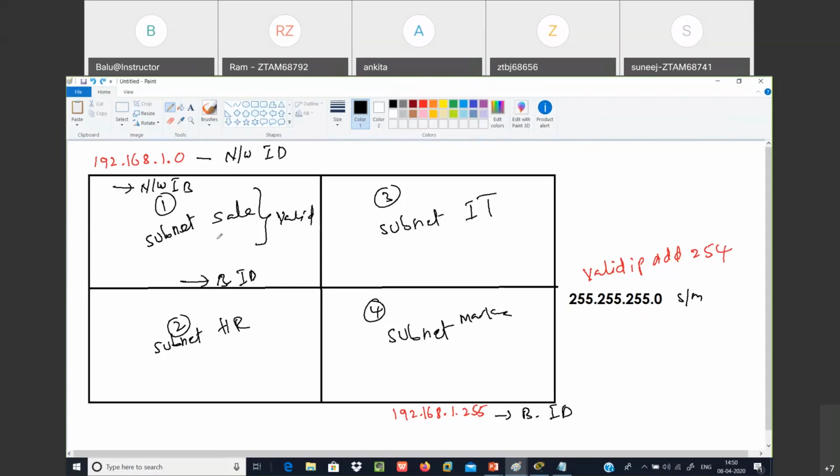For each subnet, how many valid IPs are available, and what will be the subnet mask? For the major parent network, subnet mask is 255.255.255.0. It is being divided, right? So what will be the subnet mask of the first, second, third and fourth subnet? For each subnet, we need to do calculations. Let me start it.